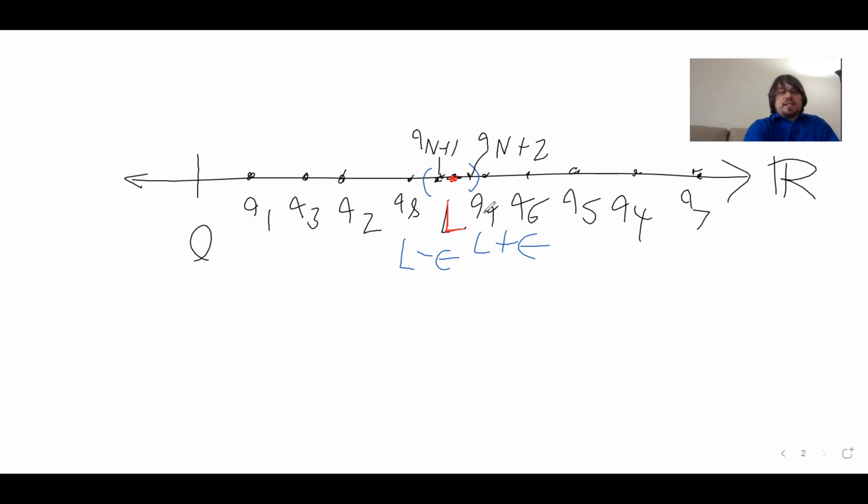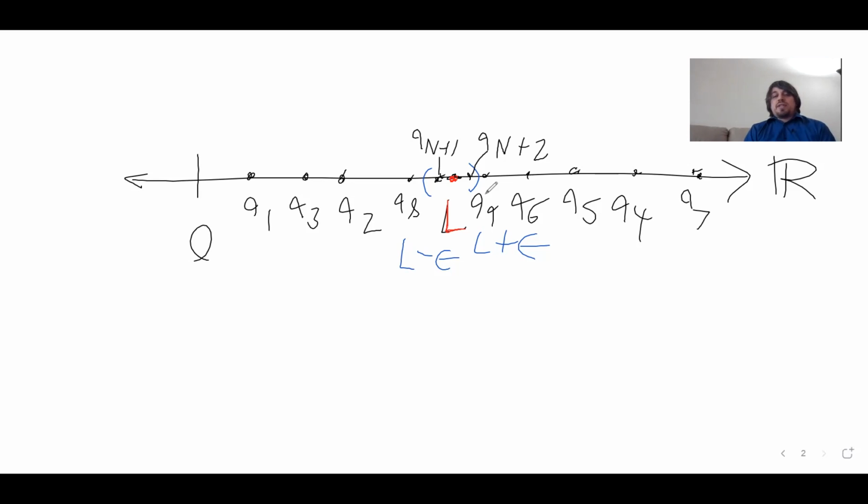L is a limit of your sequence if for any positive real number epsilon, let's say it's the epsilon I put in the picture here, for any positive epsilon you choose, eventually all the terms in the sequence are inside of that blue area. Eventually all the terms of your sequence are less than epsilon away from capital L. Okay, that's the idea of a limit.